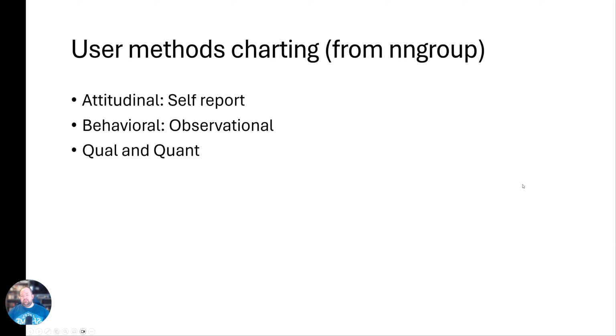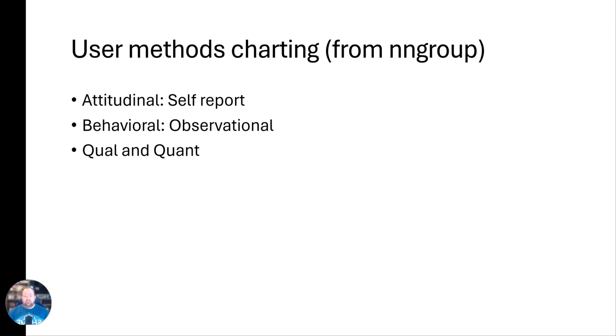So user methods, I've got some charts here that I affectionately borrowed from Nielsen Norman Group. Basically, as we look at user methods, there's a couple of different axioms about them. First, there are attitudinal ones and behavioral.